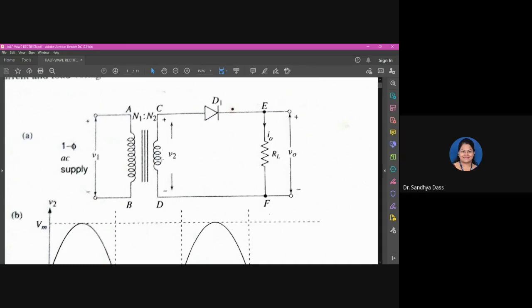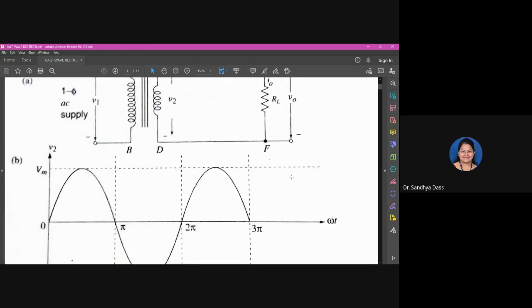The positive terminal of the secondary of the transformer is connected to the diode, and there is an RL connected, that is the load, and the output you measure is V out.